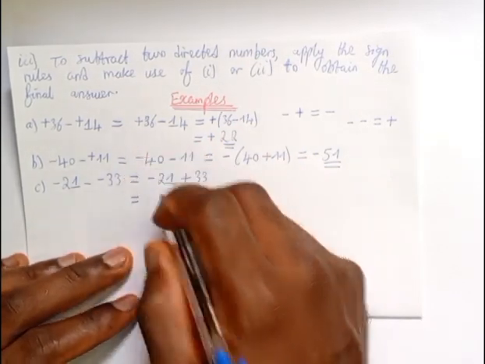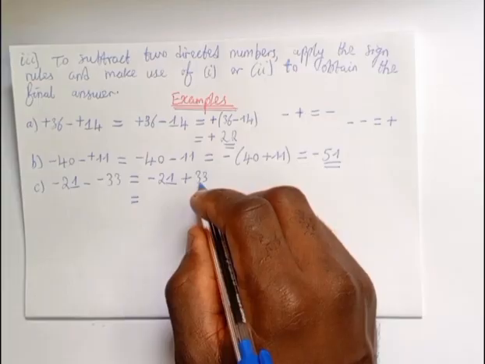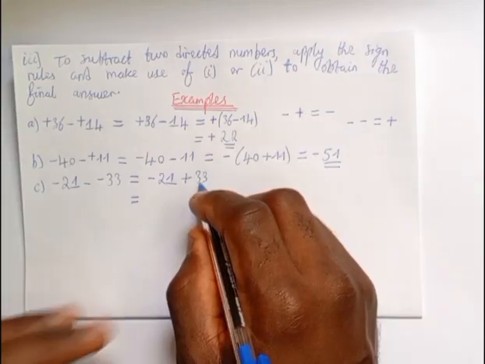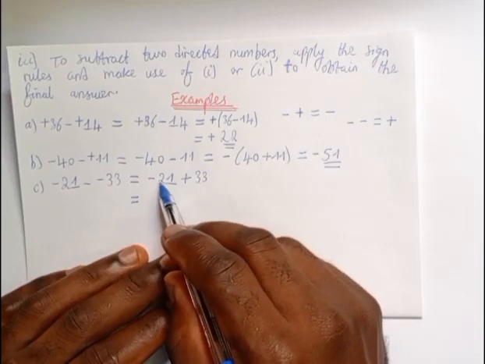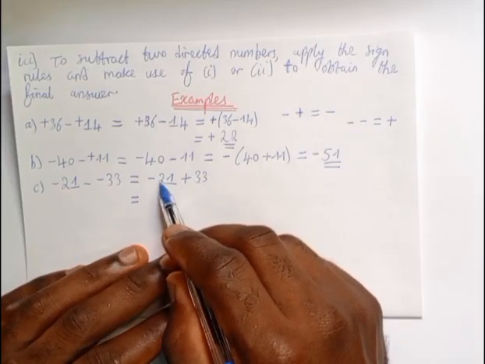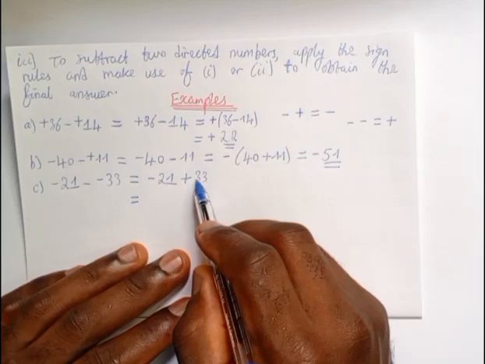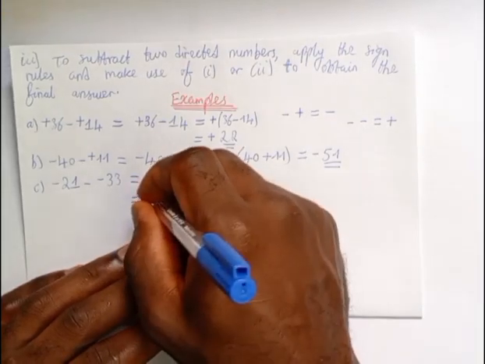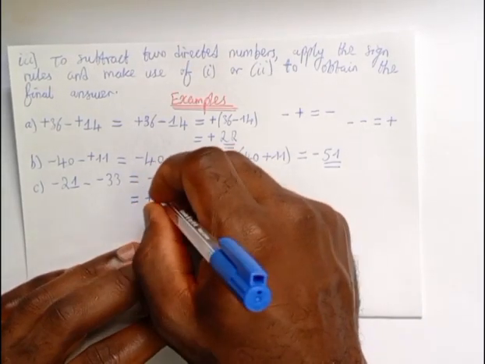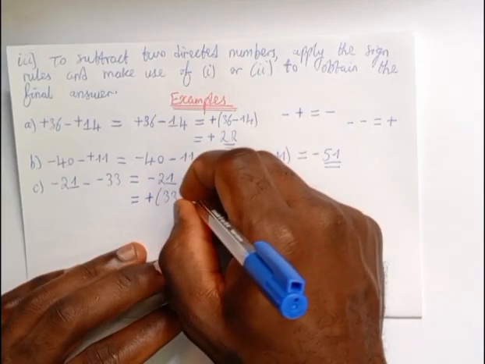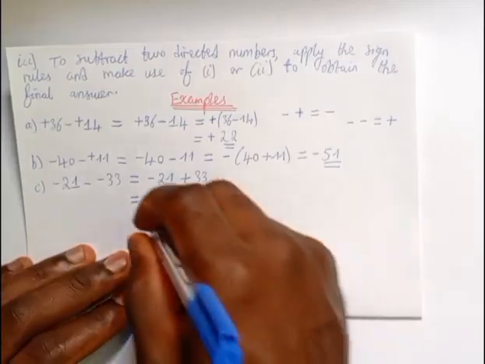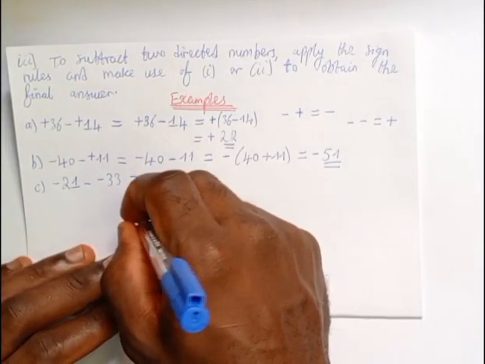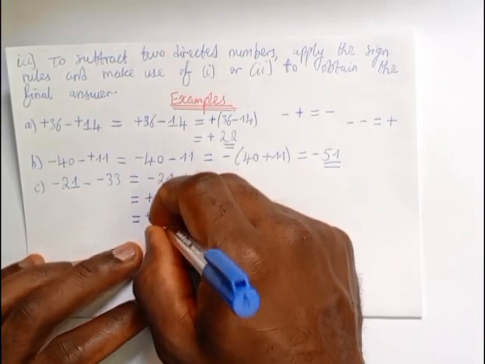This will simply be equal to, the two numbers have different signs. Taking the absolute values, we have 33 and 21. 33 is greater than 21. The result will be positive. We put the positive sign, then we take their difference, 33 minus 21. This will simply be equal to positive 12.